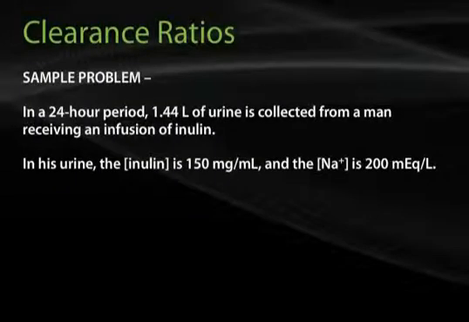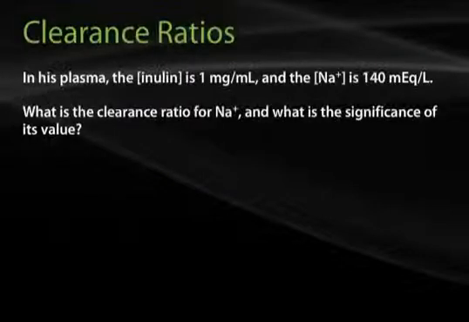Let's walk through a sample problem as outlined on page 247. In a 24-hour period, 1.44 liters of urine is collected from a man receiving an infusion of inulin. In his urine, the inulin is 150 milligrams per milliliter, and the sodium is 200 milliequivalents per liter. In his plasma, the inulin concentration is 1 milligram per milliliter, and the sodium concentration is 140 milliequivalents per liter.